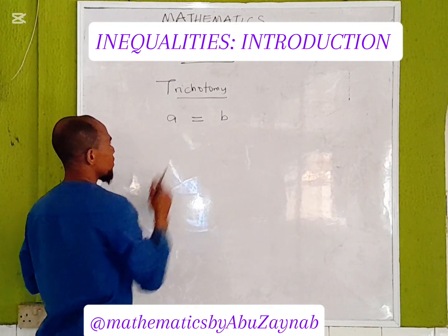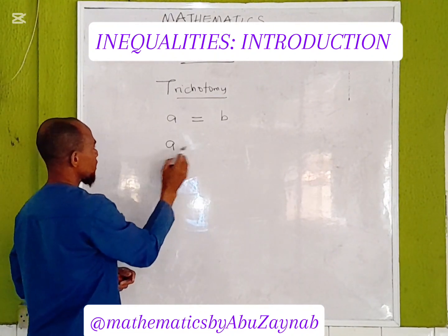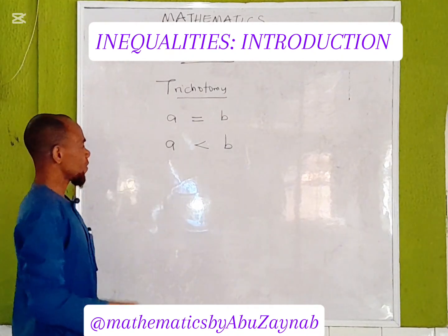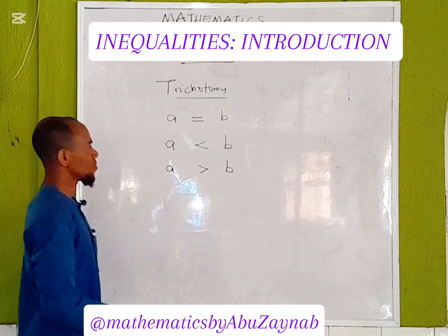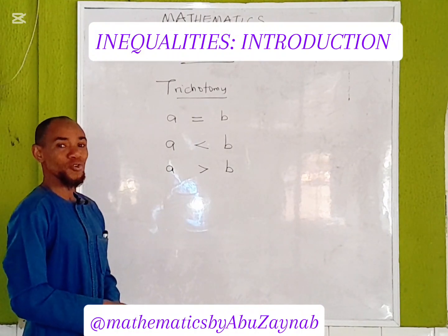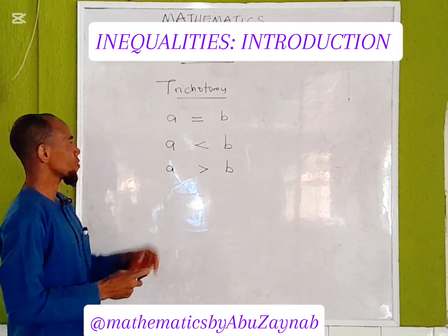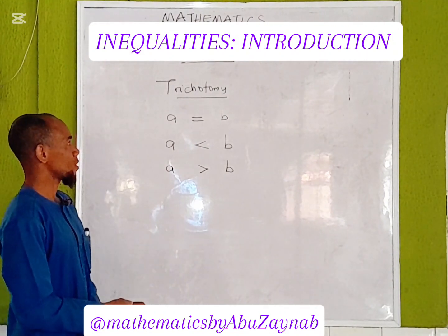It's either they are equal, which we are always conversant with, or we say the first is less than the second, that's less than, and we have the first being greater than the second. Because they are three, that's why they call the laws or rules of trichotomy. We can't have any other relationship between two quantities other than these three, hence the laws of trichotomy.